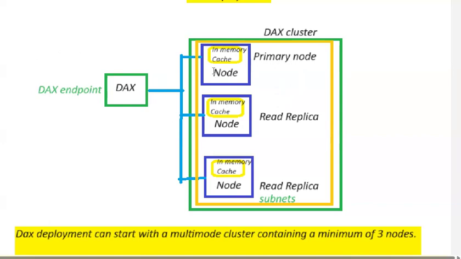Under the node, it will check the in-memory cache to provide the response. If there is a response available in the in-memory cache in any one of the nodes, then it provides you the response. If there is no in-memory cache, then any one of the nodes will request again to DynamoDB.